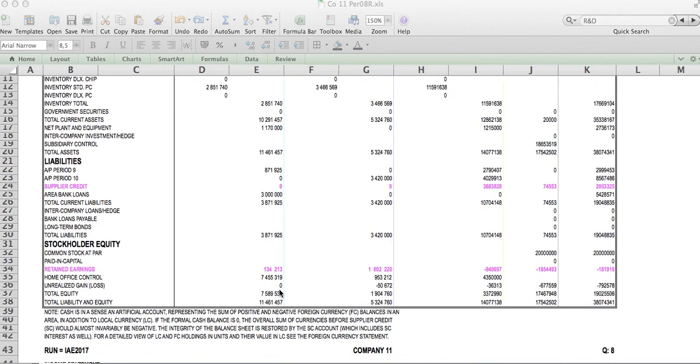Then comes the other section, which is stockholder equity. That's the amount of money that has been invested by owners, by shareholders. As you recall, at the beginning of the simulation you are given 20 million Swiss francs, and that is the common stock at par.